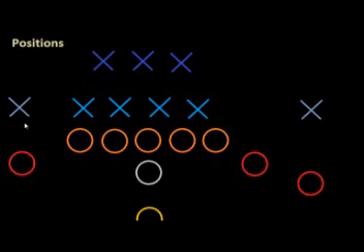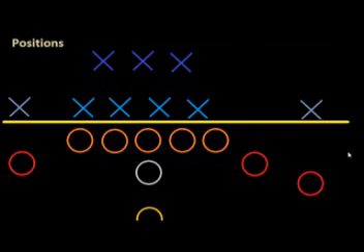The first thing to notice is that there's kind of a line here separating the offense and the defense, and that is because the ball typically will be placed in the middle here. So the ball is in the middle, and it is separated by this line.